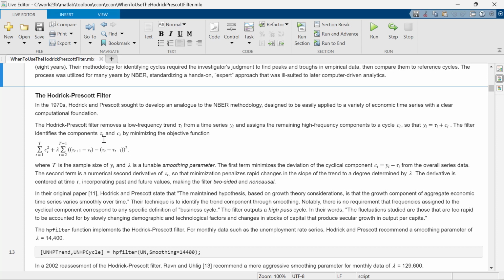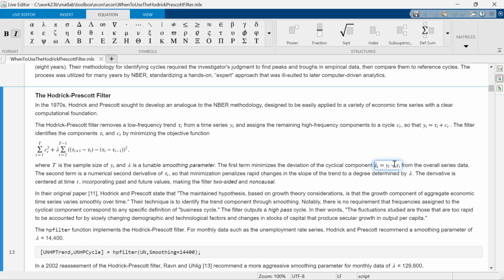So it's trying to find a trend component that minimizes this numerical second derivative and essentially smooth the data using a known statistical smoothing technique to extract the trend component. And then everything left over, the difference between the data and the trend, would be called the cyclical component.